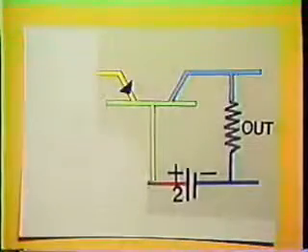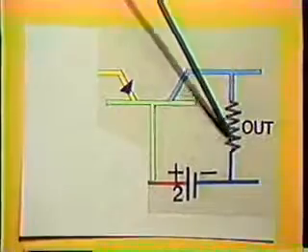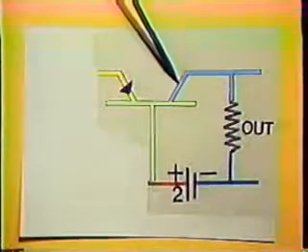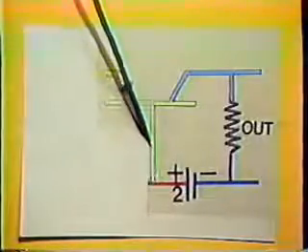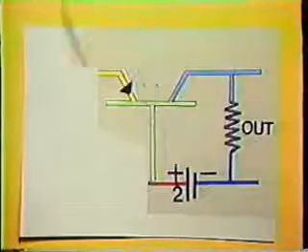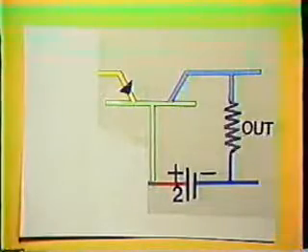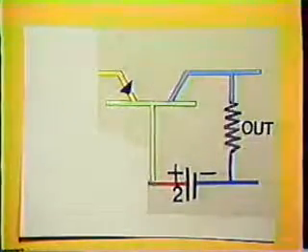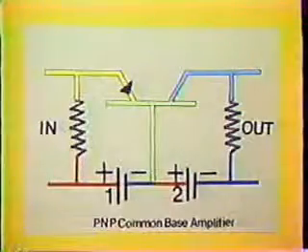Thus, the emitter-base junction is forward biased. The negative terminal of battery 2 is connected through a resistor to the collector, which is P-type material, and the positive terminal is connected to the base, which is N-type material. Thus, the collector-base junction is reverse biased.